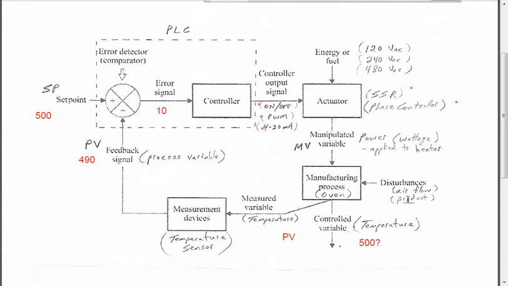Also, in your manufacturing process, you can see the author has the disturbances that might be impacting it. Maybe airflow, or maybe a new batch of cereal has come in cold, or maybe just the oven door's open, and so on. So those kinds of things will disrupt the process, and that's some of the challenge. You're trying to maintain 500 degrees, but you have things like disturbances that can impact that process.